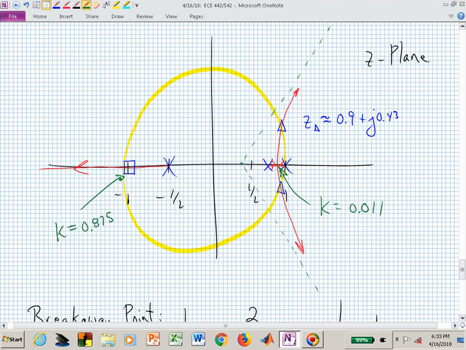I'm trying to find the range of K to keep my closed loop system stable. I know that I can be between 0 and 0.011, obviously. What I'm asking now is, can I crank it all the way up to 0.875? And how will I check that?